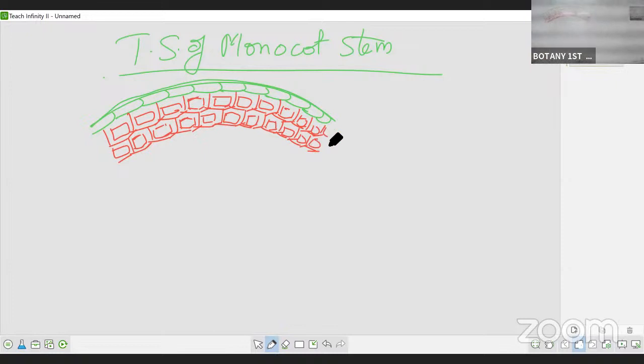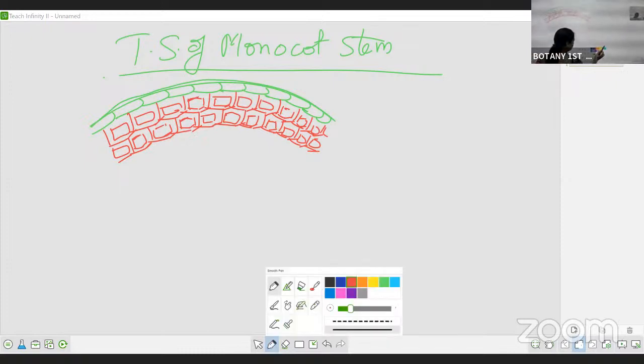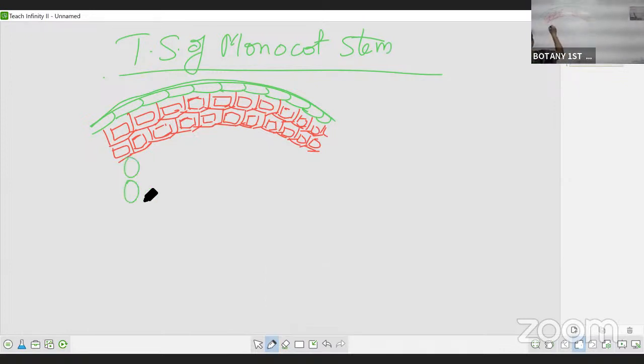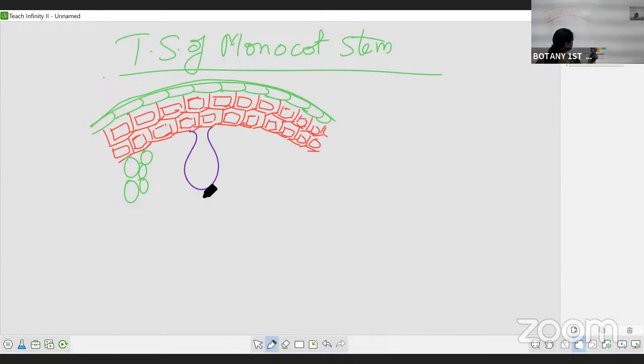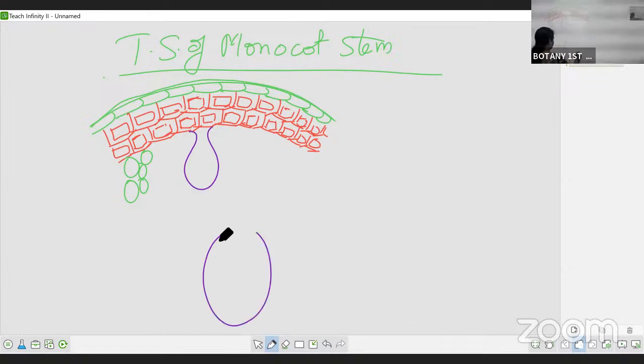Now comes the general cortex, that is called the ground tissue. Now ground tissue is simply made up of parenchymatous cells which are having unequal sized cells, and before that we need to draw the vascular bundles, one over here and one big vascular bundle here.